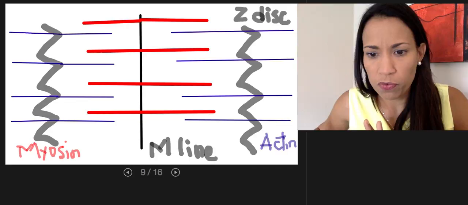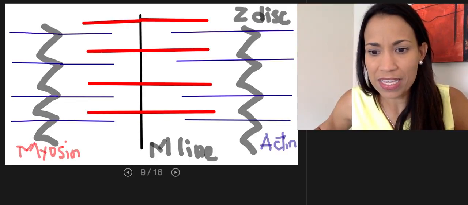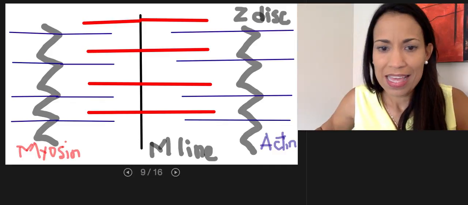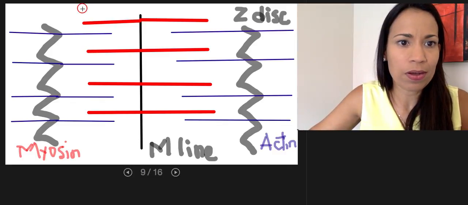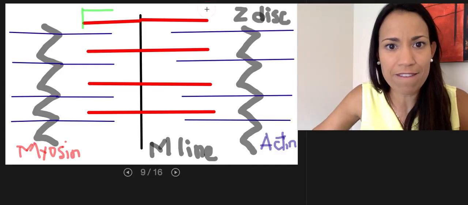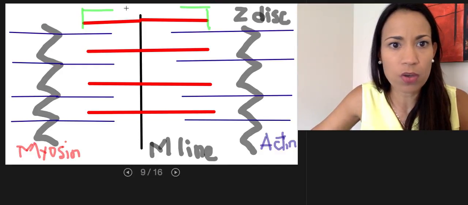So easy so far. Now, this area in between or involving the thick filaments is called the A band.